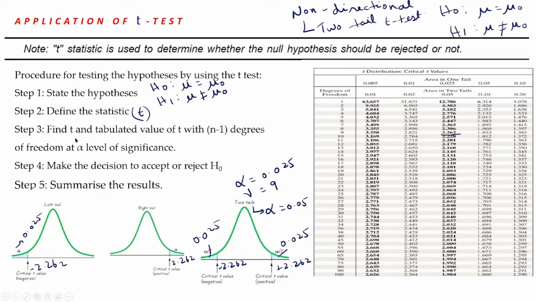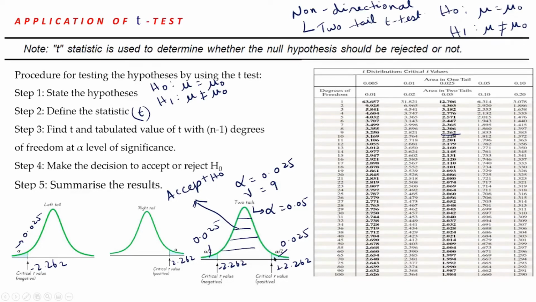So if the calculated value of t falls in this region, from this part to this part, then we have to accept H naught. On the other hand, if the t value is more than 2.262, it means the value falls in this region.